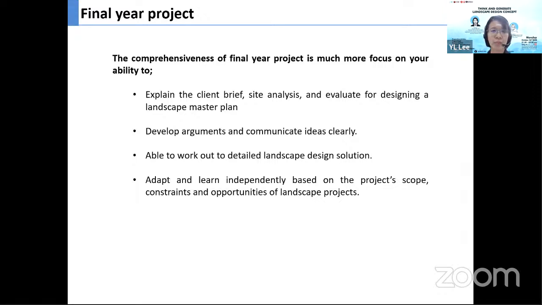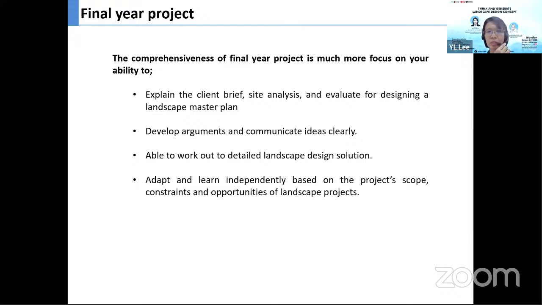Number 3 is that you are able to work out the details of the landscape design solution. This is important for final year students. Compared to my last week's lecture, where I shared more about the process for the lower year students, for final year students you have to work on your project individually and independently.